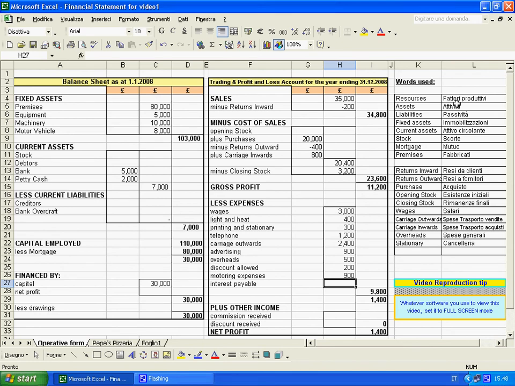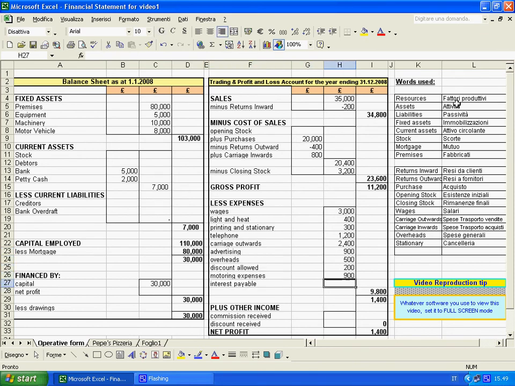And finally we have interest payable. And interest payable we must explain a little bit further, because we have borrowed £80,000 from the bank as a mortgage, so we have to pay interest.